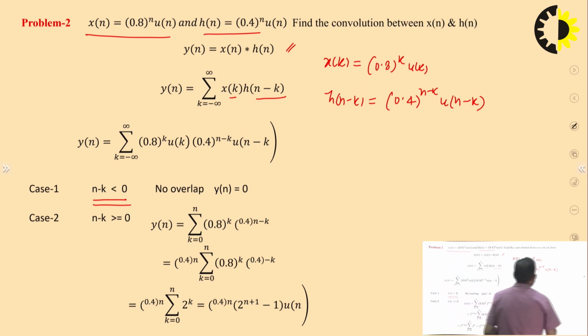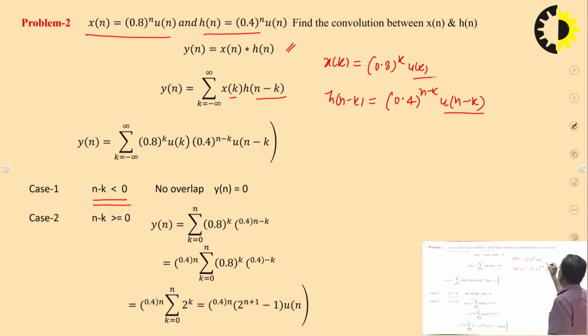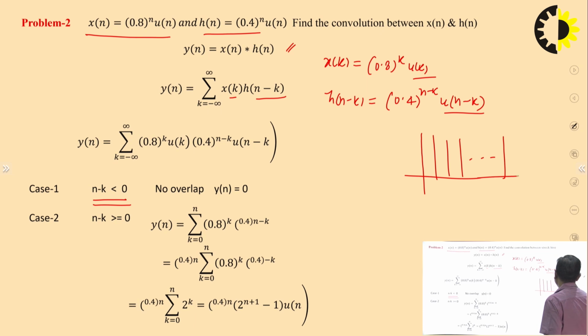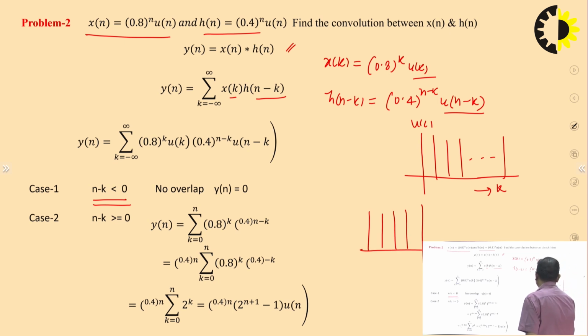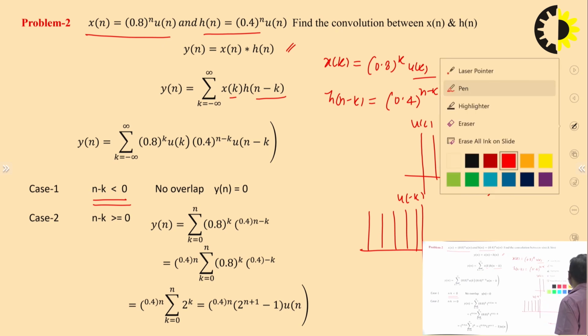You can draw these signals also, or I am just taking these signals for understanding purposes. Here u[k] is this, and if you draw u[minus k], it will be this. Now, if you have to draw u[n minus k], then this graph will be shifted by k units.